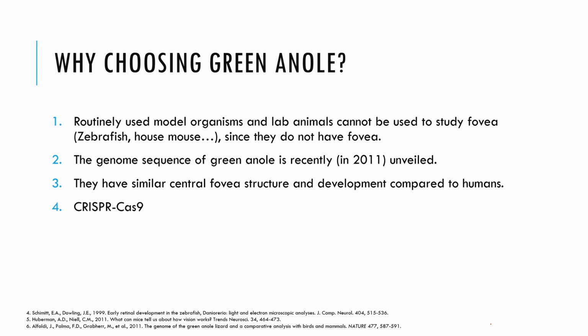Because we know the genome sequence, this will make genetic study much easier. The third reason is that green anole have similar central fovea structure and development compared to humans. And finally, recent studies have proved that we can use the CRISPR-Cas9 gene editing strategy in green anole.